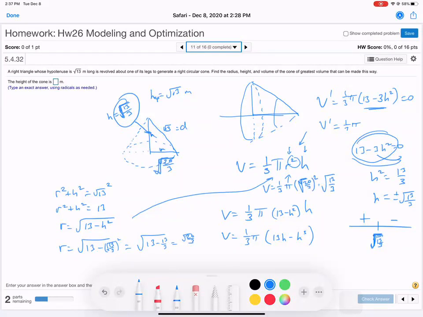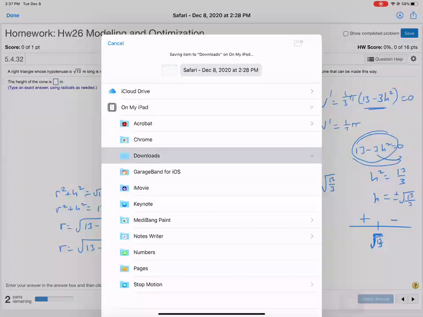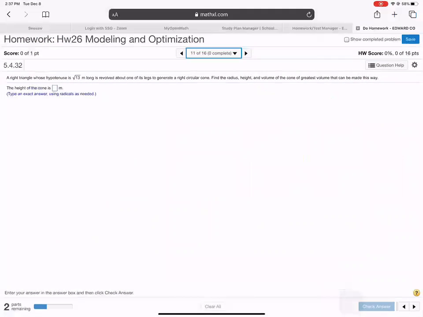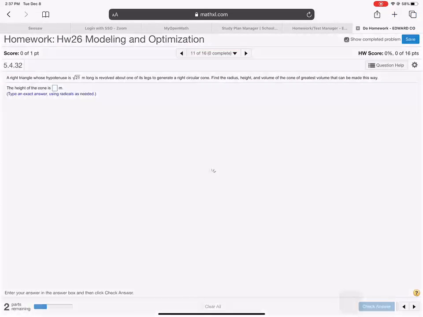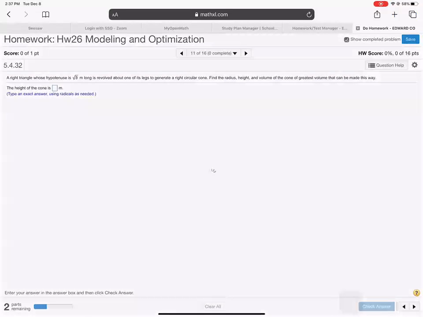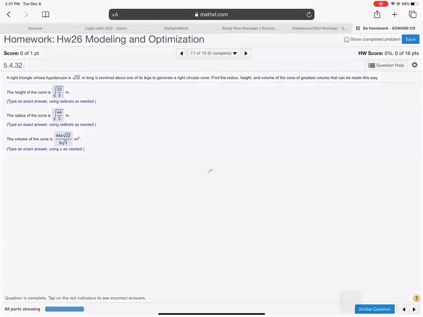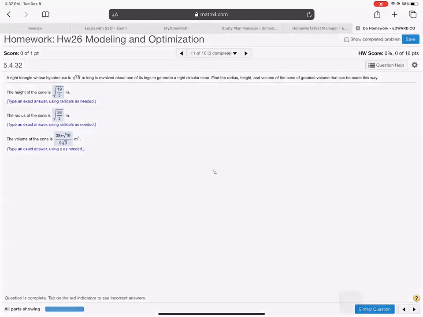Okay, let's see if this is the answer. Oh, they changed the answer on us, darn it. But it is 21. If we can get back to the answer we got... 20, 11, 12.